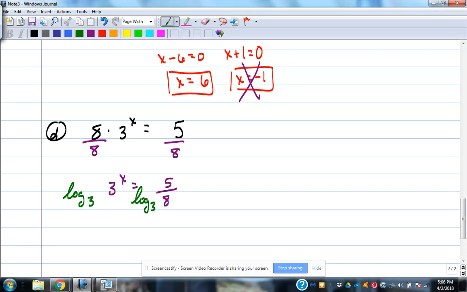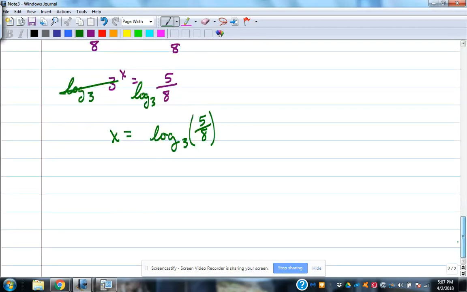If I take the log base 3 of each side, what happens on the left side? Log base 3 cancels out 3, leaving us x. And that leaves us log base 3 of 5/8, which is a number. So we can get the approximation for that.